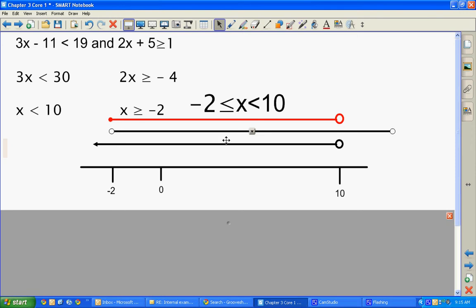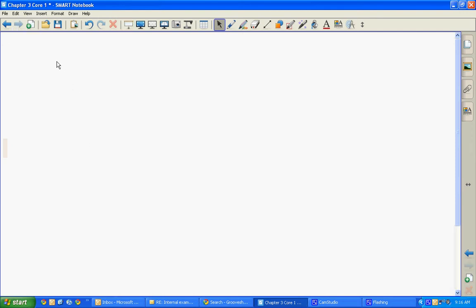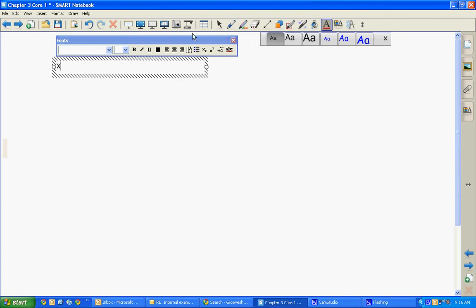Okay, now let's just move on to one last bit. Let's consider this as an equation. If we have something as x squared minus 4x plus 3 is less than 0.